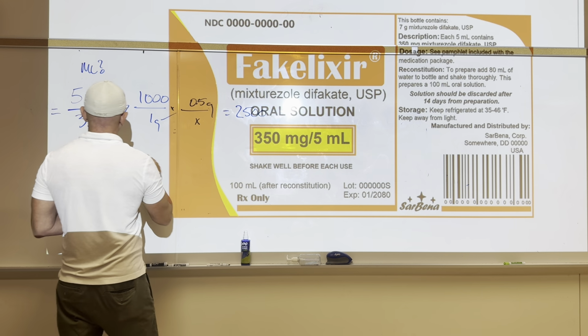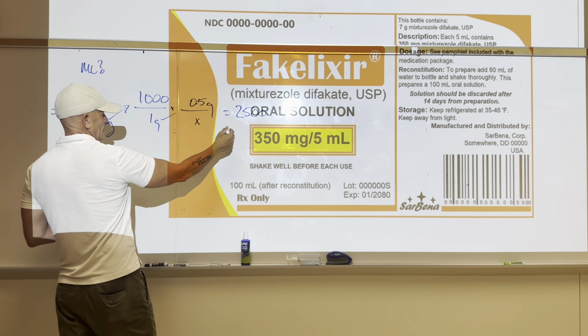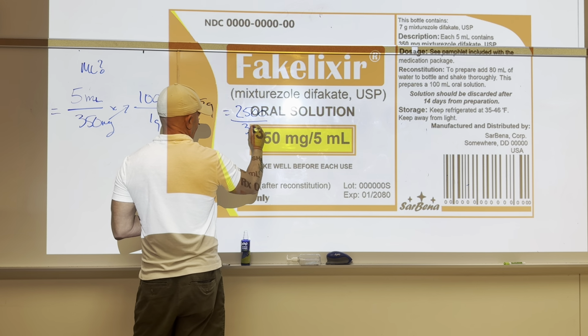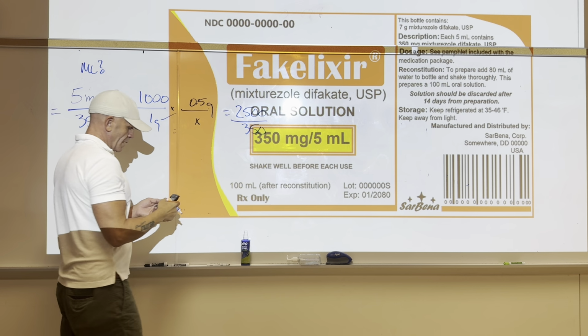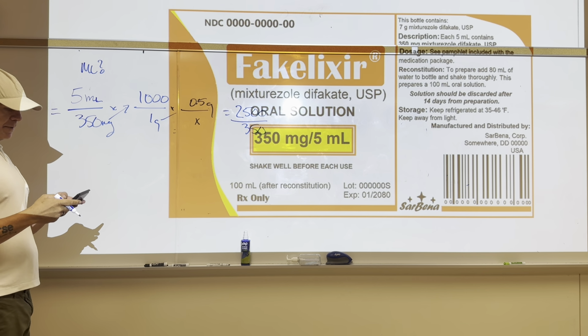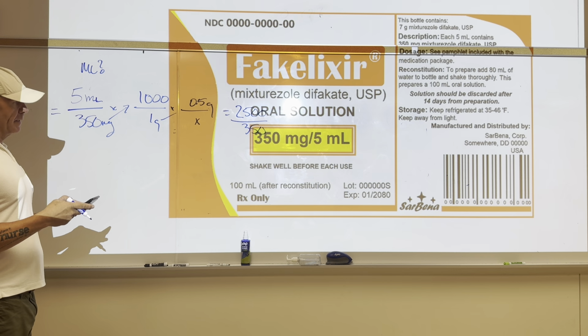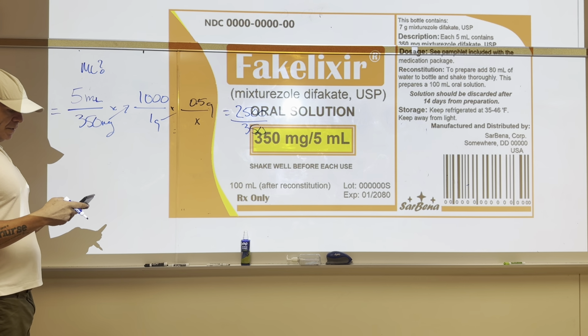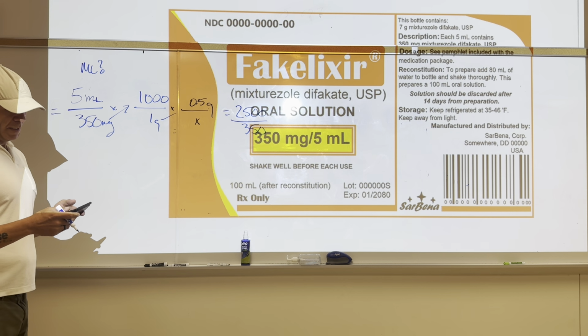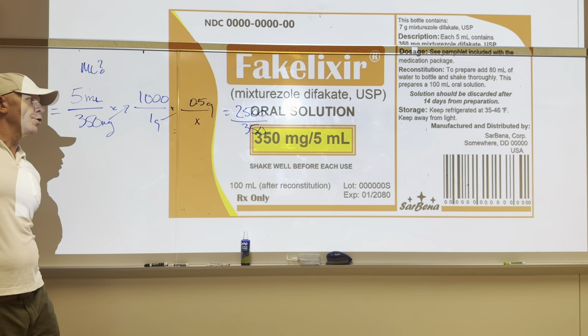Okay? Then 350 milligrams times 1 is what? 350. Okay? So now what do we do? 2,500 divided by 350 equals 7.142.